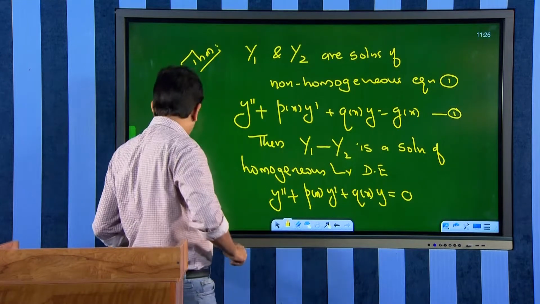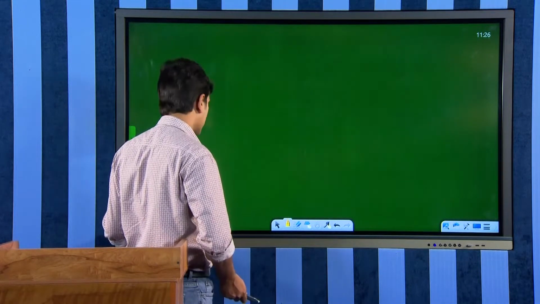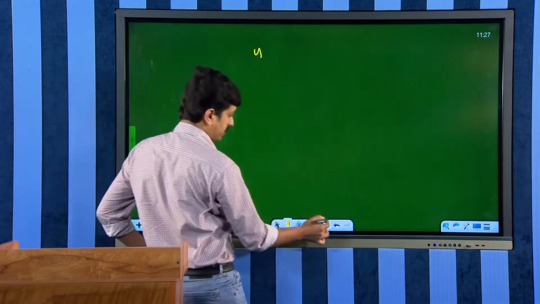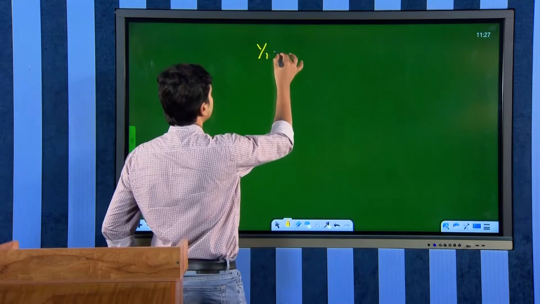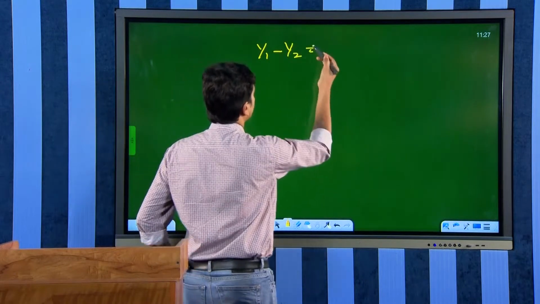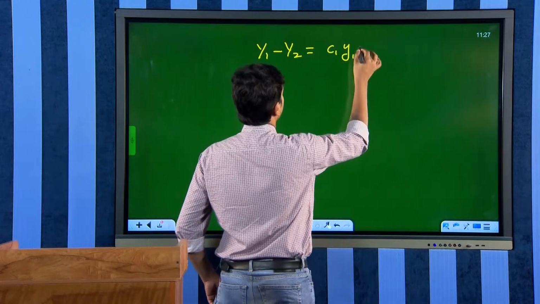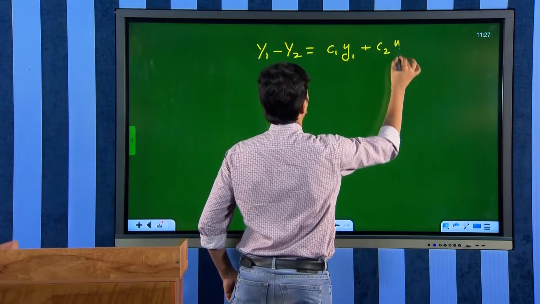That is, Y1 minus Y2 is equal to c1 y1 of x plus c2 y2 of x.